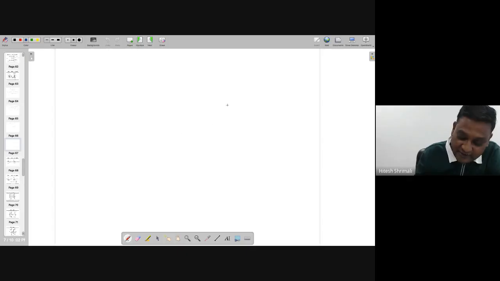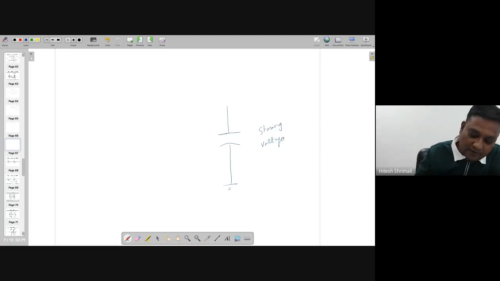Notably, one should understand that the capacitor is the one which can store the data. So this capacitor will be used to store the data, and afterwards you can use it wherever it is required.